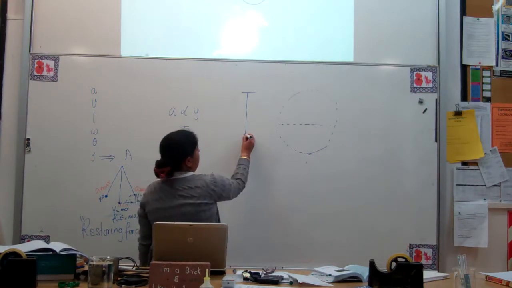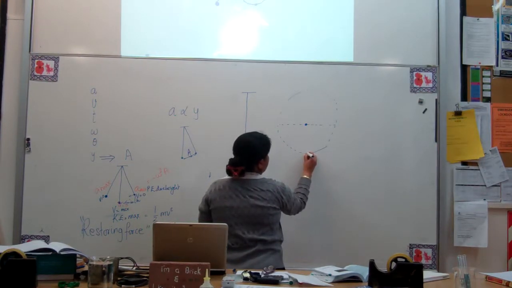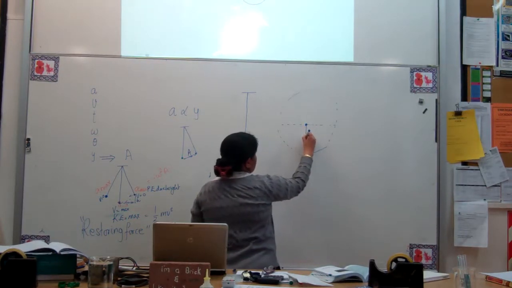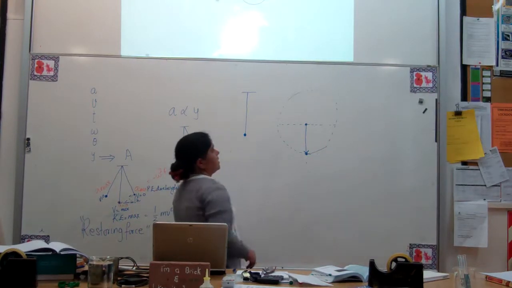When the pendulum is here, which is this place, on this reference circle, show that position here. So the phasor for that on the reference circle is there.